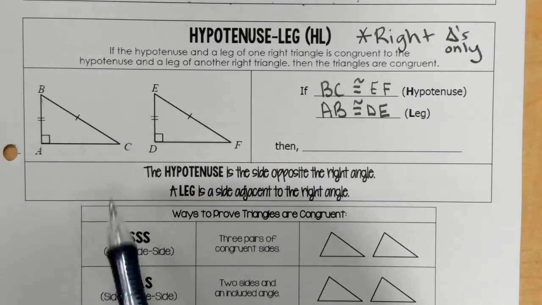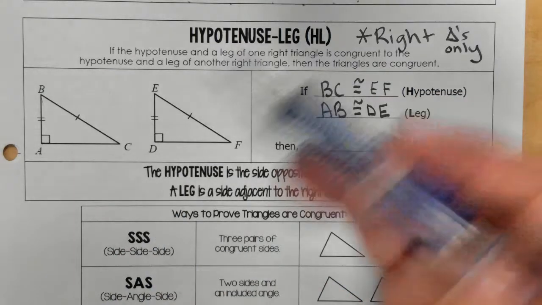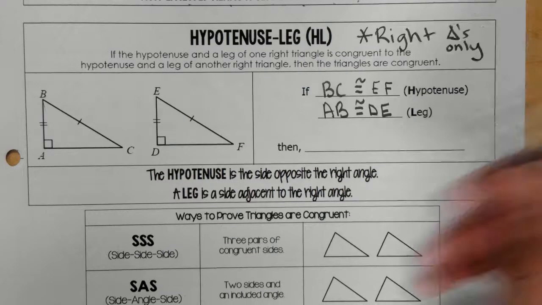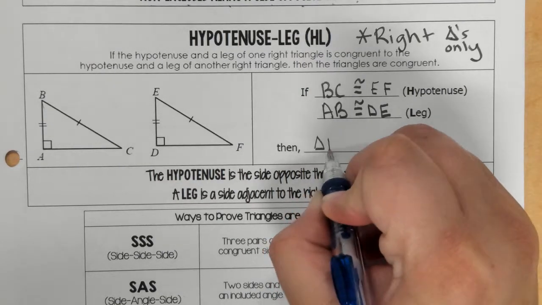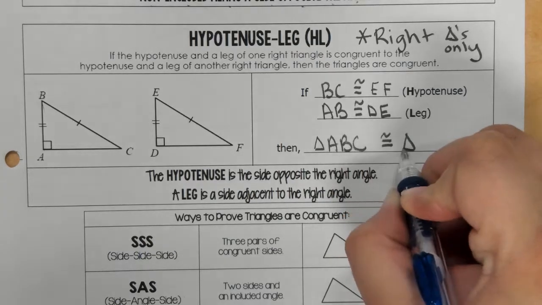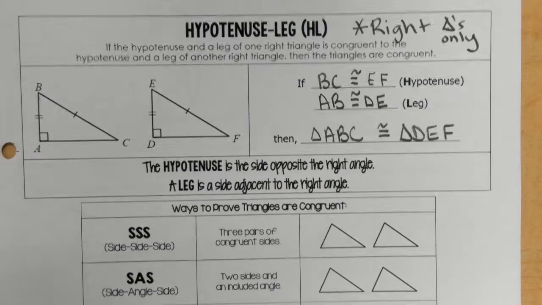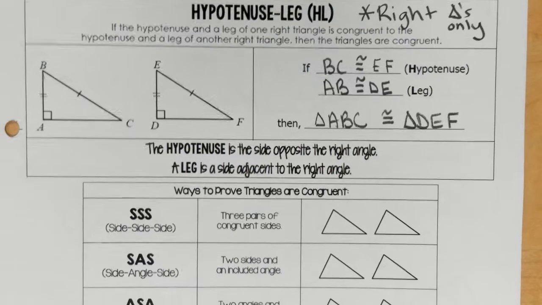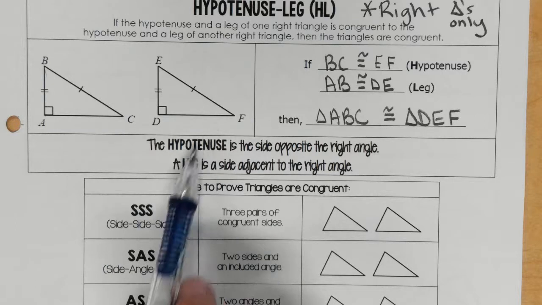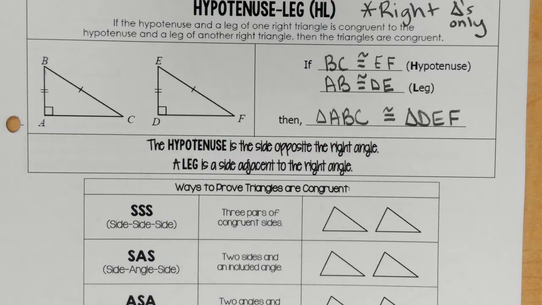And we can also tell that these are both right angles because angle A and angle D both have that little square, which means right angle. So if we have all of these components, then we can say that triangle ABC is congruent to triangle DEF. And then here it also gives you the definition of where the hypotenuse is located and where the leg is located in the right triangle.